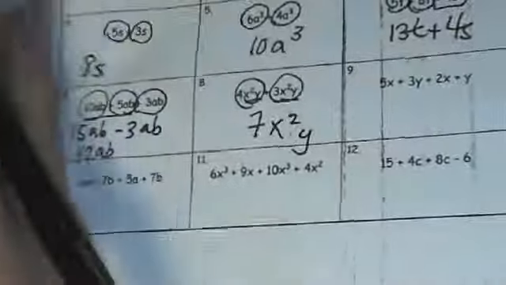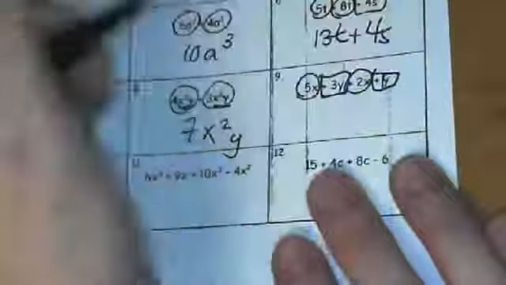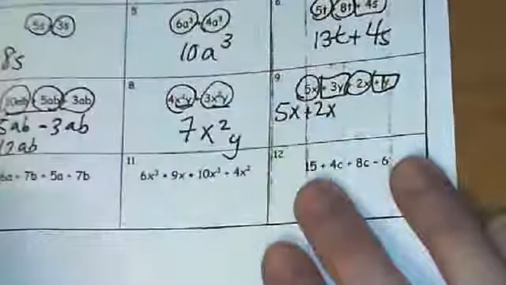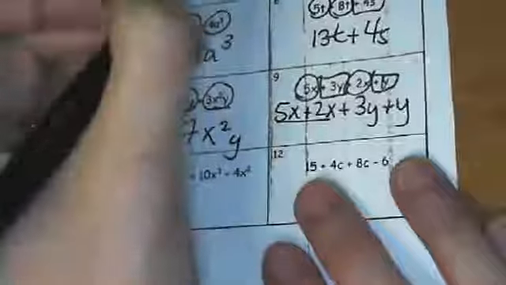And then number 9, 5x goes with plus 2x, and then plus 3y goes with plus y, 1y. So 5x plus 2x is 7x, and 3y plus y is 4y.